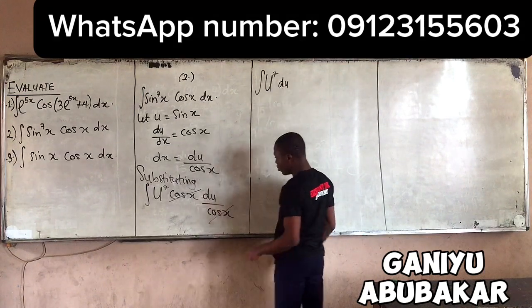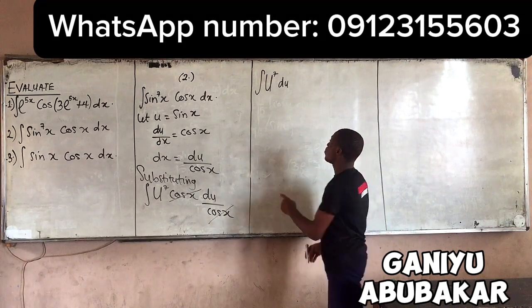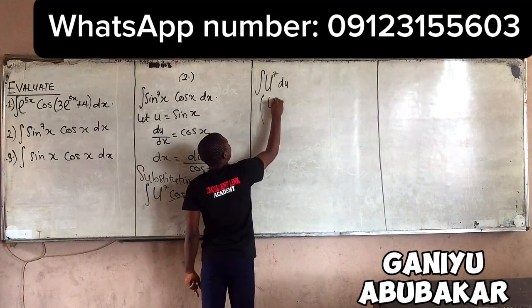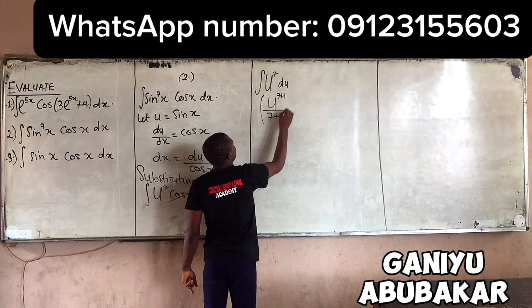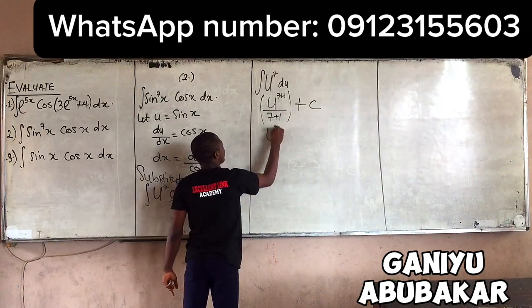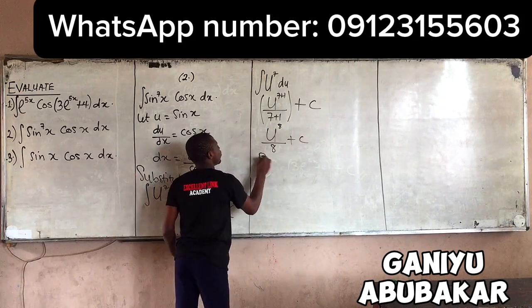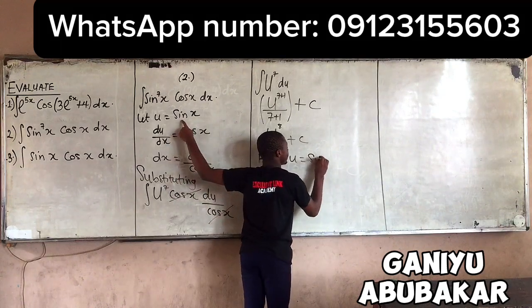From here, I'll apply our general method of integration. So my task says if I integrate u to the power 7, I'll have u to the power 7 plus 1 all over 7 plus 1, next up, plus c. From here, I'll have u to the power 8 all over 8 plus c. But we said u was what? sin x.